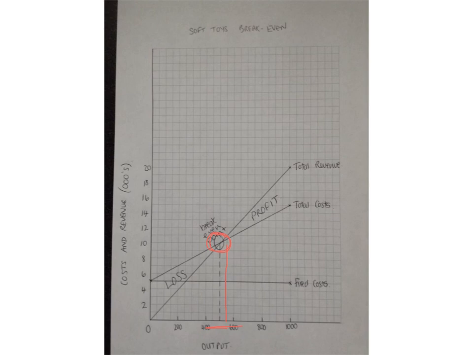But we can see there at 0 there's a loss of 5,000, and so this whole triangle here is an area of loss. So right up to 499 products we make a loss. We break even at 500, and anything above that, so at 501 products or more, we make an area of profit.